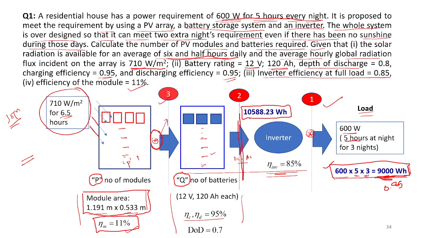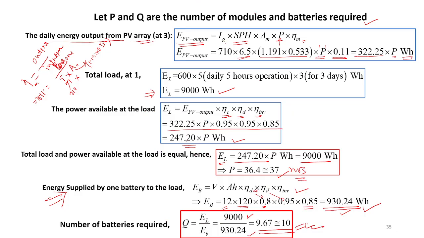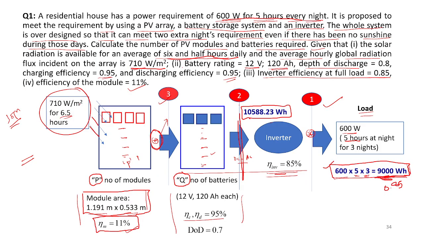Now this much value of energy has to be generated by PV system and has to be stored in this battery. Now doing more energy balance, say P and Q are number of modules and batteries required. So coming to the PV array, the daily energy output from the PV array will be, so this much amount of flux is falling for this much hours onto this much module area having this much module efficiency, right?